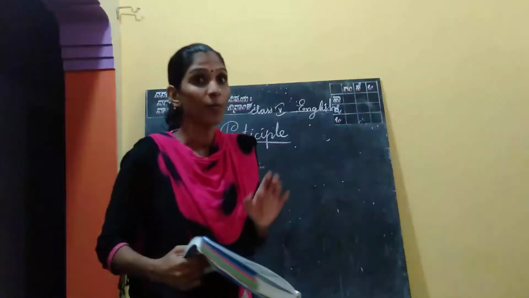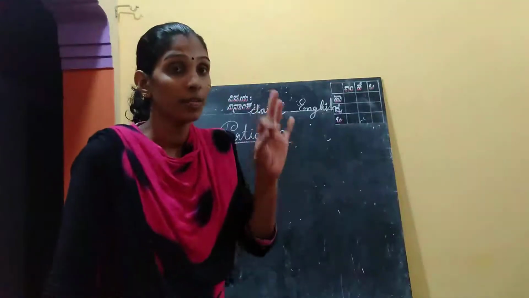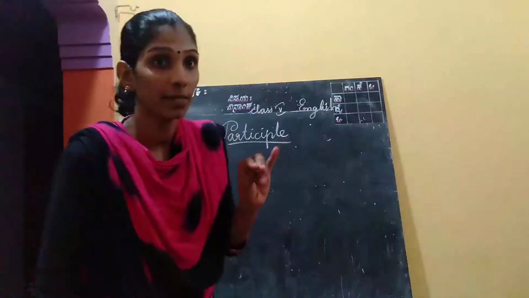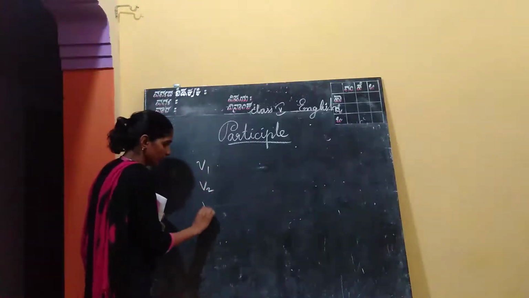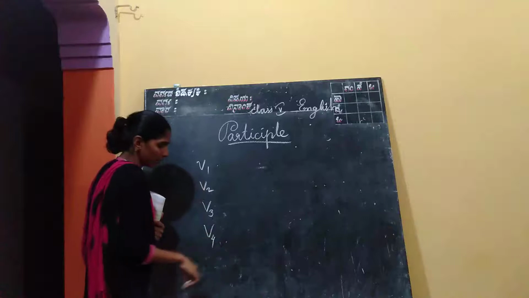Verb forms are there: V1, V2, V3, V4. Right.